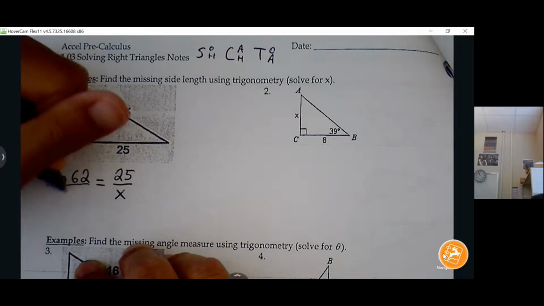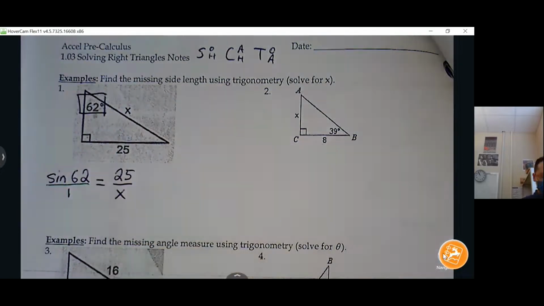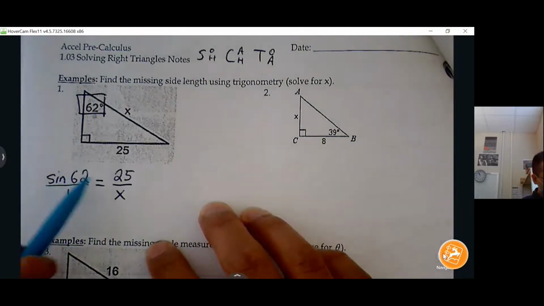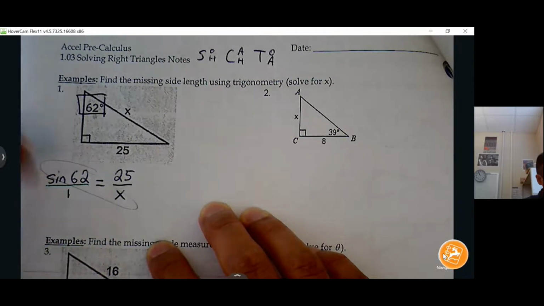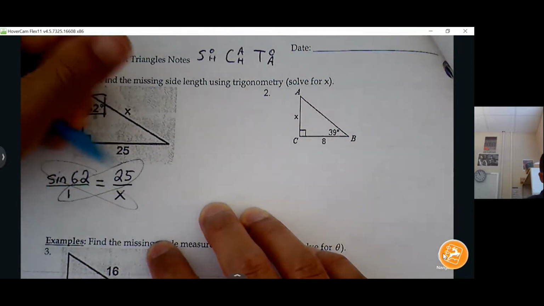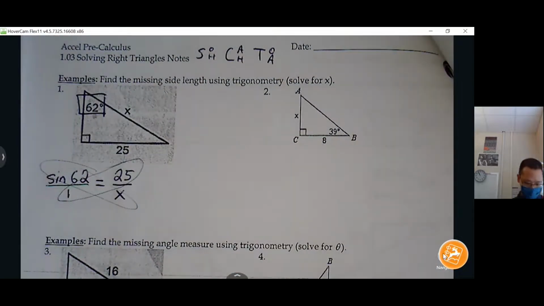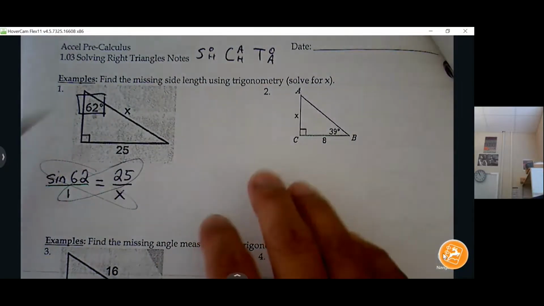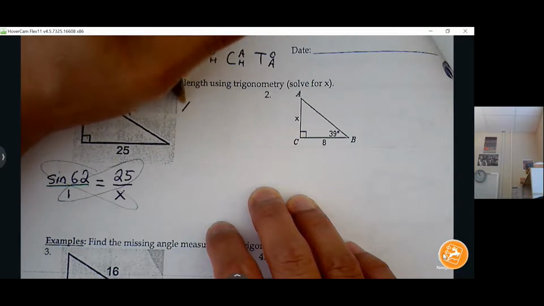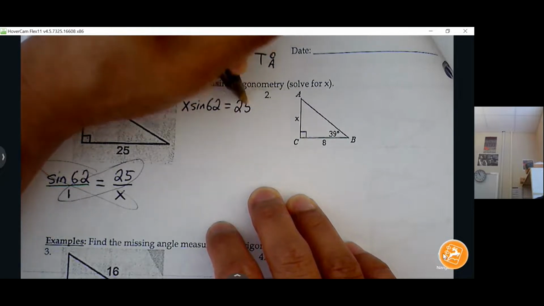And now I'm just going to cross multiply until I get to solving for x. I'm going to pair the diagonals together. So I get x sine of 62 is equal to 25.